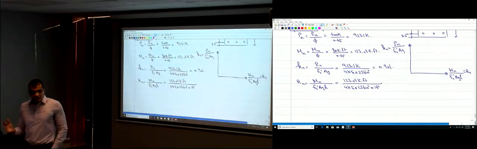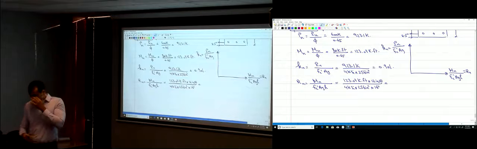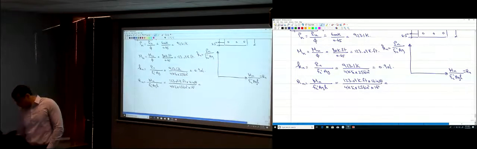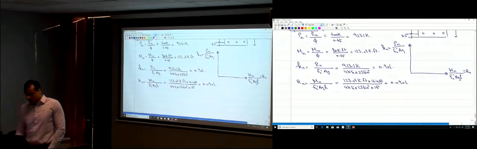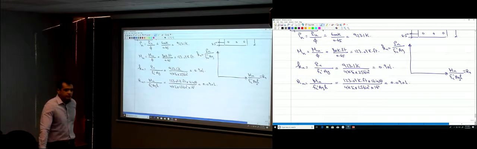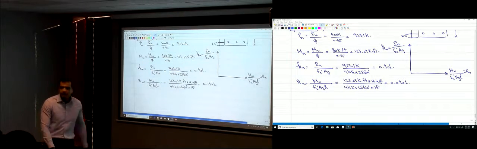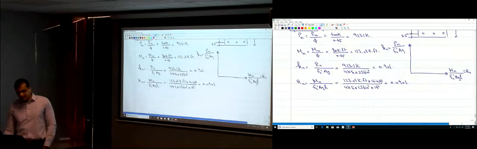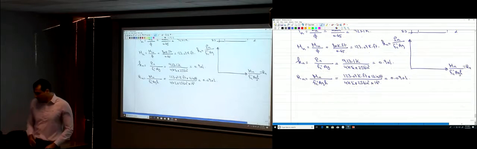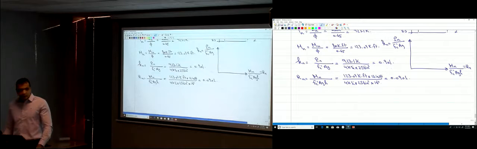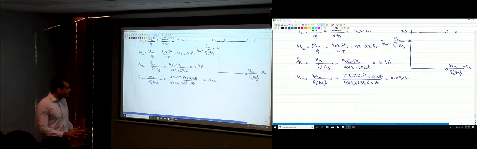Are the units consistent here? So I have to multiply here by 12 inches per foot to have every dimension in inches. So Rn is going to be 0.0901. What are the units? It's unitless. It's a normalized moment, and normalized Pn. So now you need to go and use the interaction diagram.